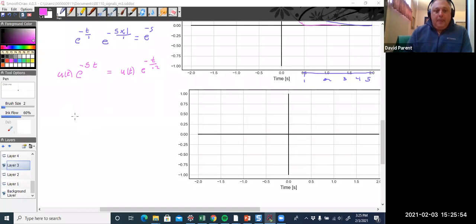Now, we can also delay these. But if I'm going to delay by a second, I have to delay the step function as well, right? And then I put in the time and whatever delay or shift I had here.